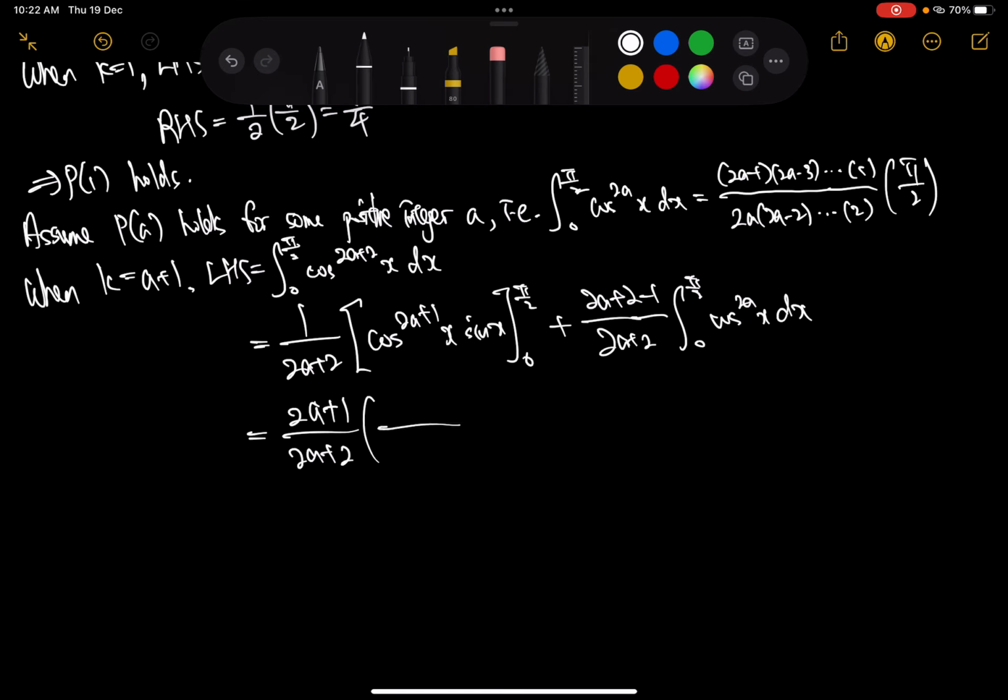That monstrosity of a fraction, blah blah blah, times pi over 2.